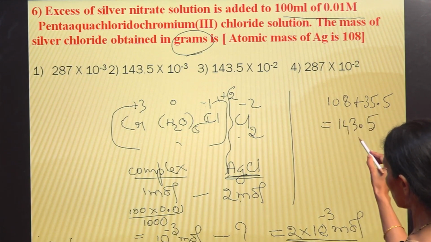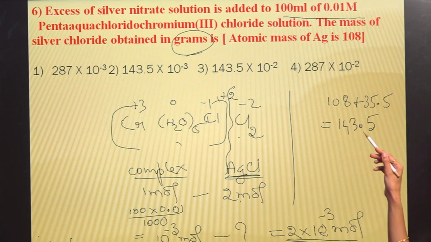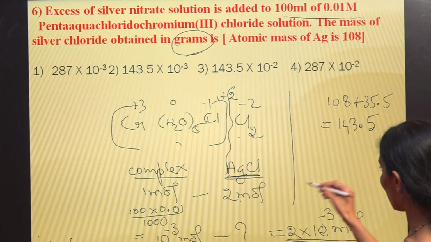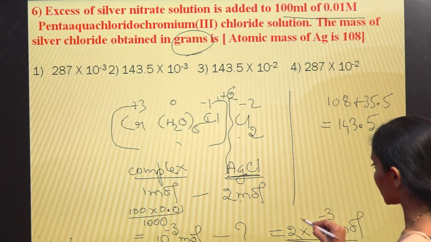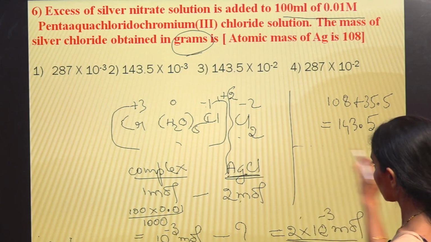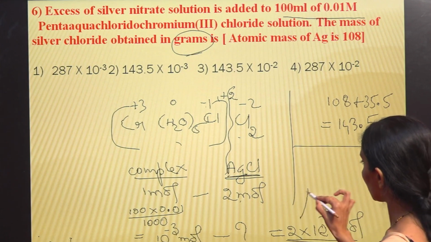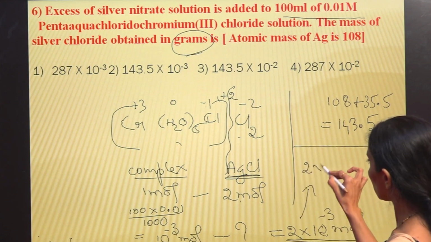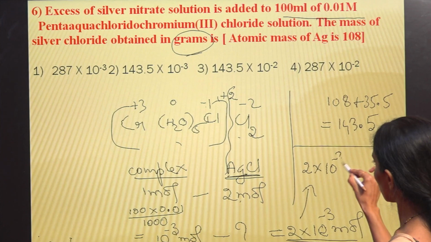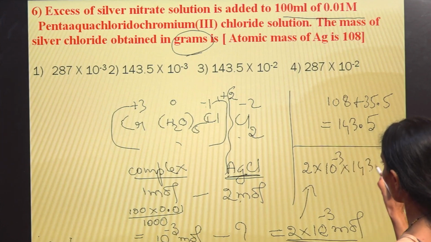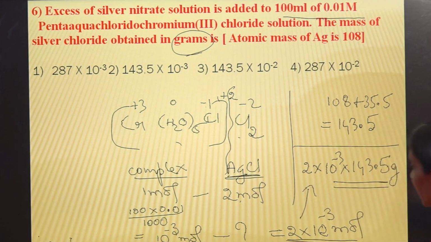So 1 mole of silver chloride is 143.5 grams. But we have 2 into 10 power minus 3 moles. So this becomes 2 into 10 power minus 3 into 143.5 grams. Okay, 2 into 10 power minus 3 into 143.5 grams.